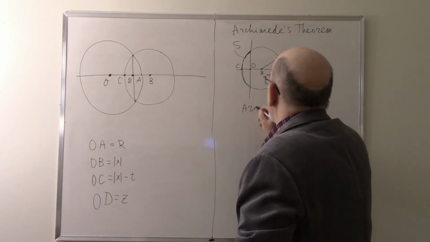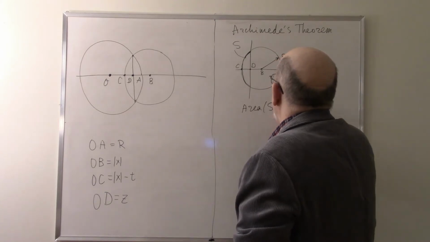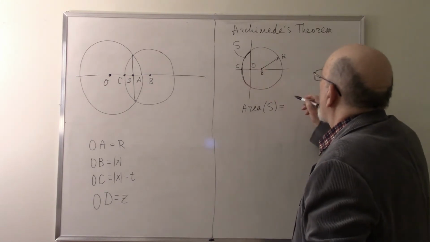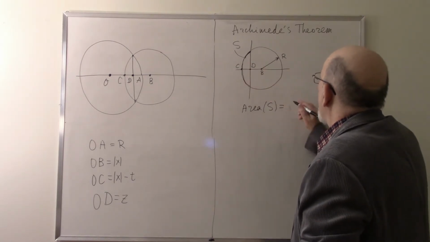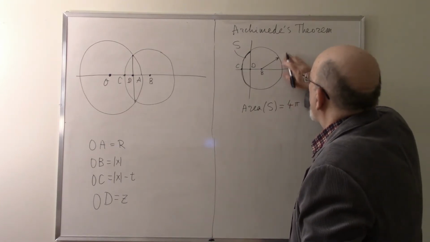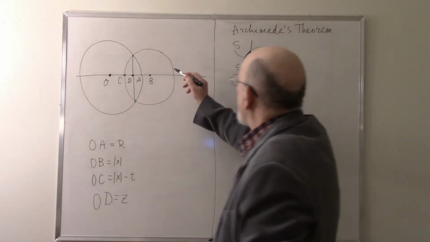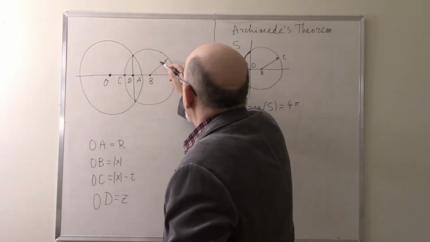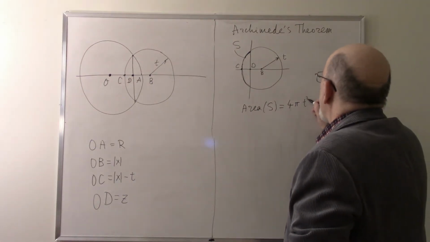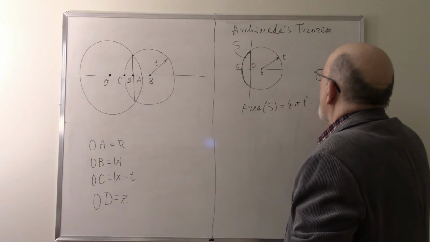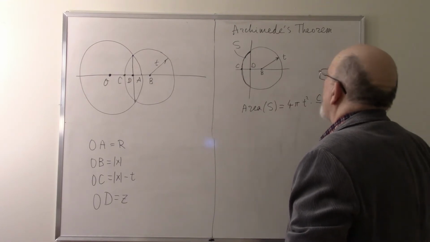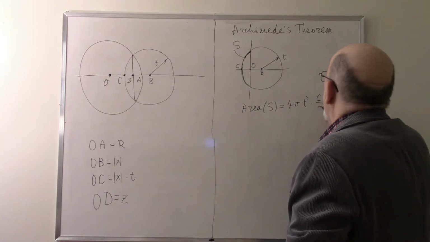Area of S equals 4 pi, no, it is not R, it is T, because it's point B, this is T. 4 pi T square times CD divided by 2T.